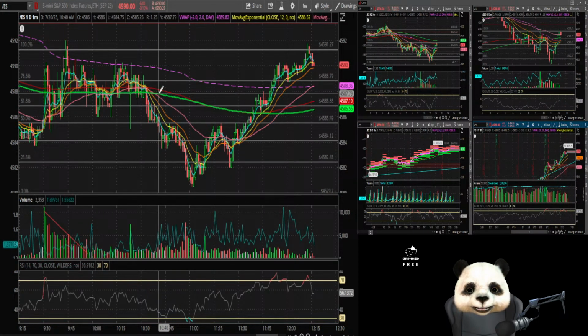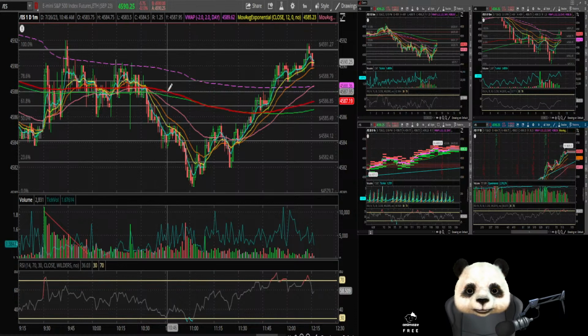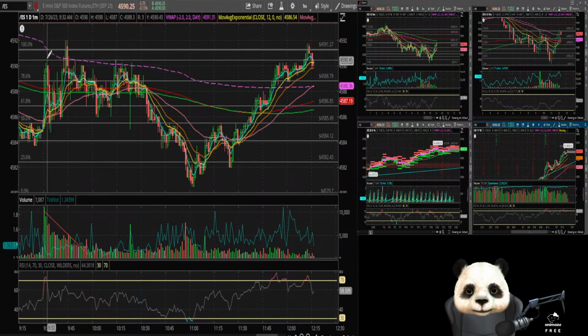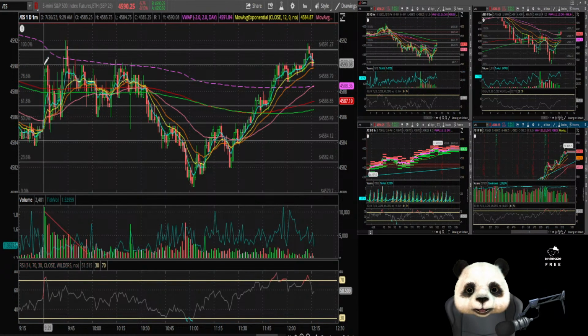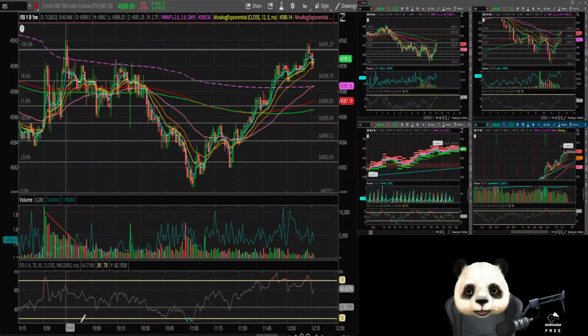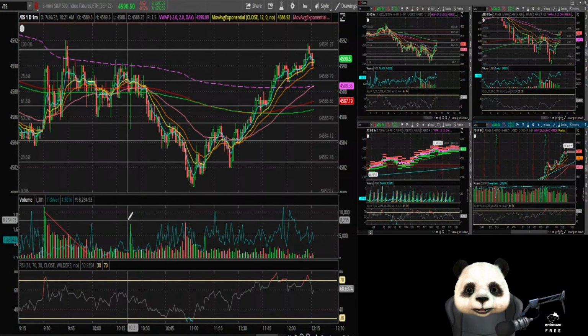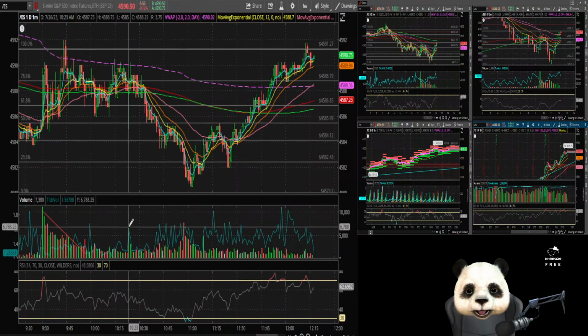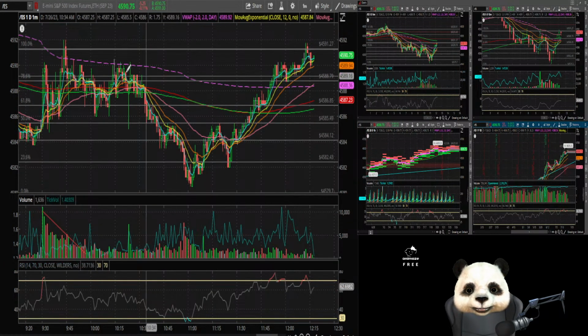I try to only take trades to the upside if I'm above the 200 SMA, and only take trades to the downside if I'm below the 200 SMA. I will also look for support and resistance price levels and breakouts of those. I'll look at even just volume spikes. Certain volume spikes can indicate different things.